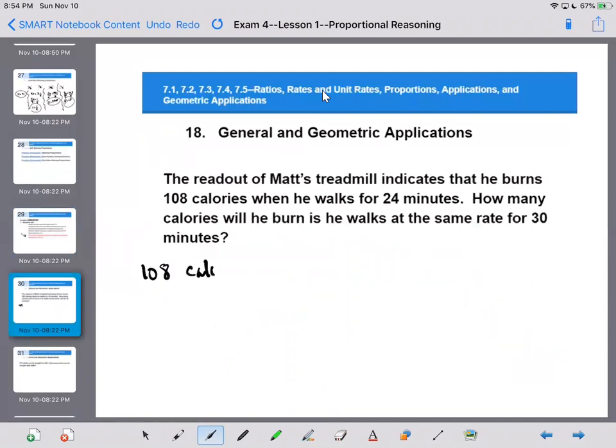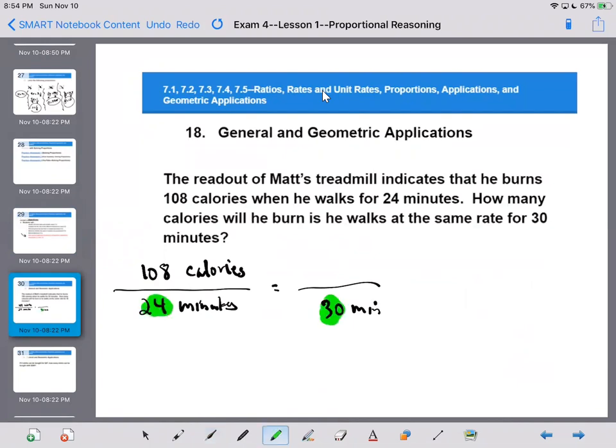calories when he walks for 24 minutes. How many calories will he burn if he walks the same rate for 30 minutes? Well, there's a couple of things you could do here. You could take 30 and divide it by 24. And what you would find is 30 is 1 1/4 times greater than 24.